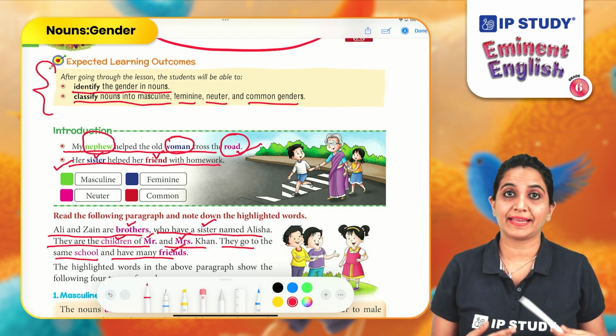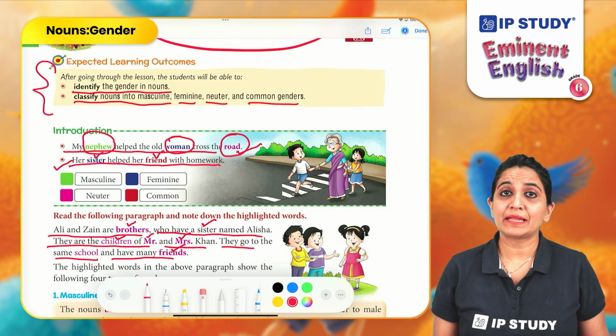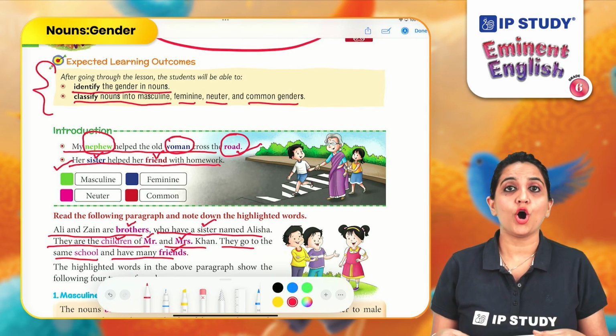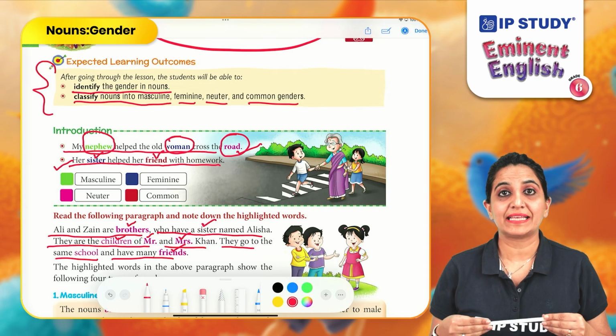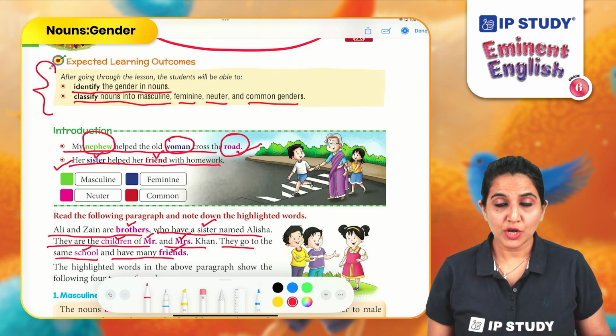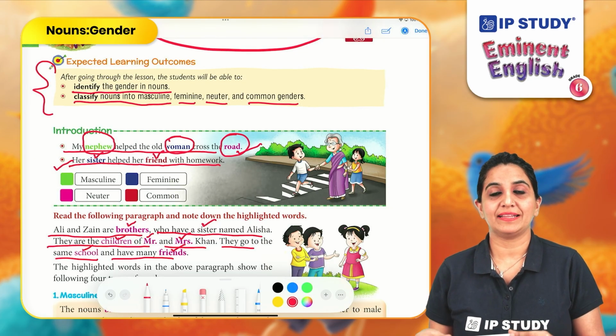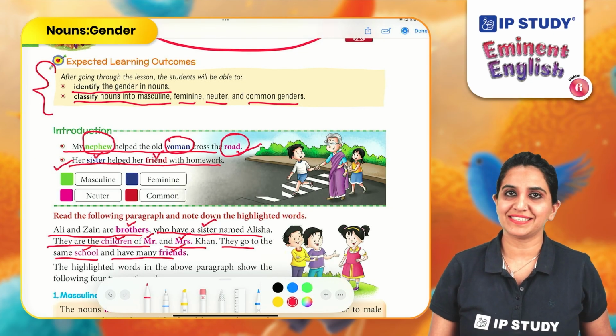Similarly, friends, there can be male friends, there can be female friends. That means they can be either male group or female group. That means they are common genders. School. School can neither be male nor female. That means it is a neuter gender.